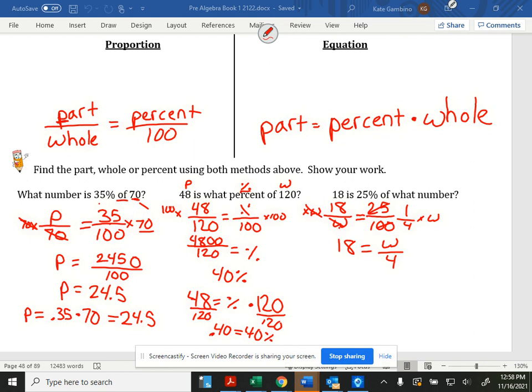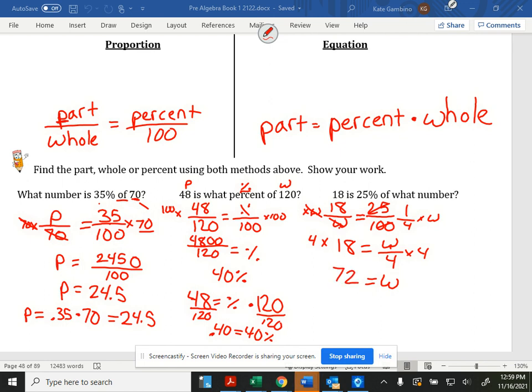Multiply by the W, and we get W over 4, 1/4 of W. Now, I'm dividing by 4, so I can multiply by 4. And so W equals 72.